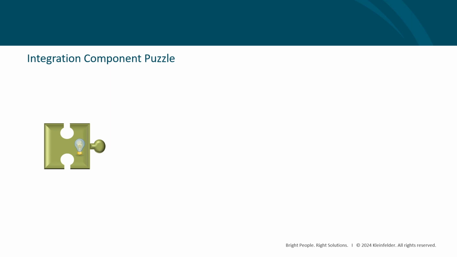So let's look at the integration component puzzle. First piece was collaboration with IT teams and the business to understand the ask and understand exactly the expectations. The next piece was easy. How do we capture field data? iFormBuilder.